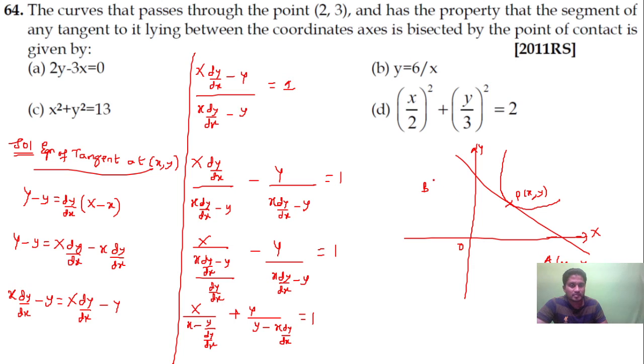Y intercept will be 0 comma y minus x into dy by dx.